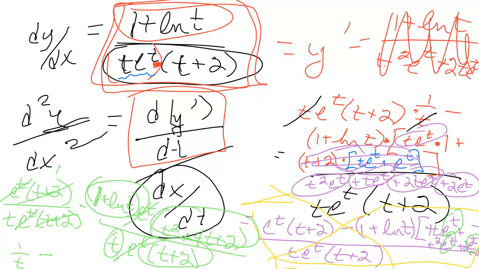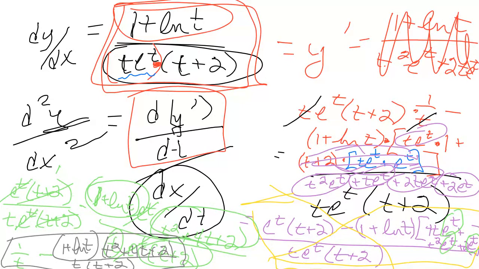So anyway, the left side is 1 over t, and the right side, I'll just put this in gray, is 1 plus natural log t times t squared plus 4t plus 2 all over t times t plus 2. And then that should be my final answer.